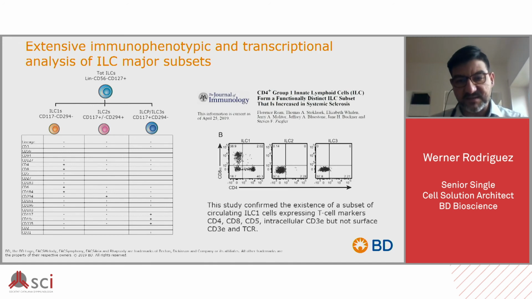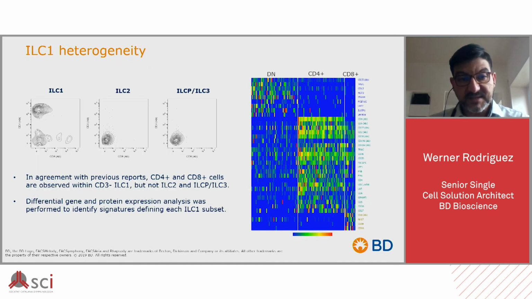This is something that we have been checking in the literature, and there are some controversial ideas about whether they are truly ILC type cells, or whether there are some T cells contaminating these groups, and the role of these cells that are actually included in the ILC group has to be elucidated.